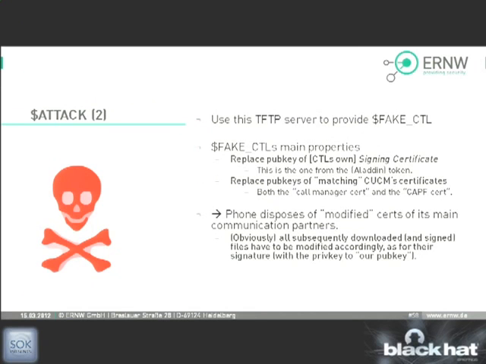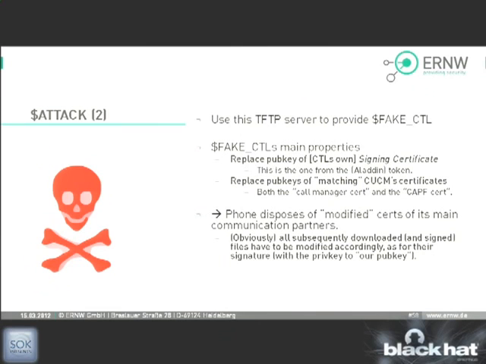Okay, the next step in our attack scenario is to use this TFTP service you offer to provide a fake CTL. What does fake CTL mean? You have to replace the cryptographic information in this trust list, which means just replace all the public keys: the public key of the CTL's own signing certificate, so this certificate stored on the token, which is used to sign the trust list.